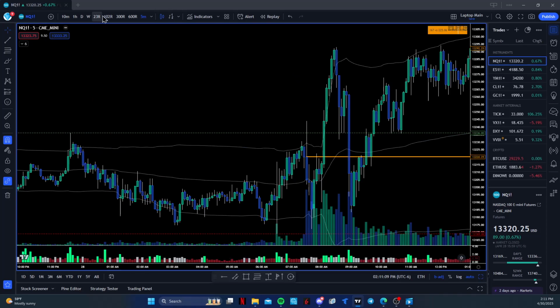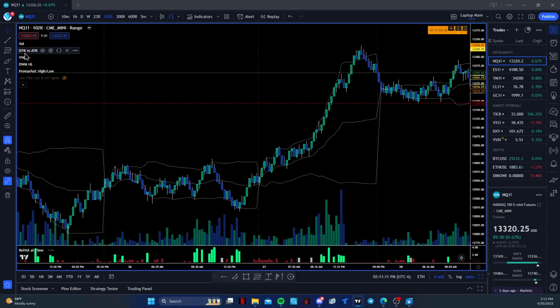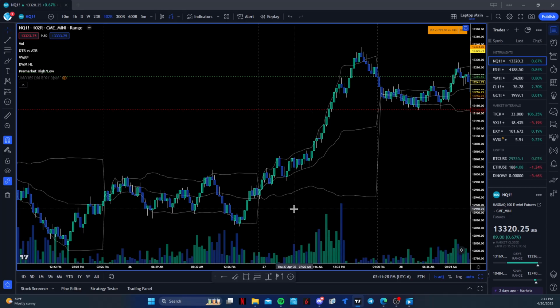We'll go to the range bars and kind of what I'm using. So we got volume at the bottom. There is relative volume, and that only applies to time-based because these relative volume bars are based on the previous average at that certain time. So they don't apply to range bars, so you don't need relative volume at all. I do have the DTR versus ATR up here, just to kind of know where we're at.